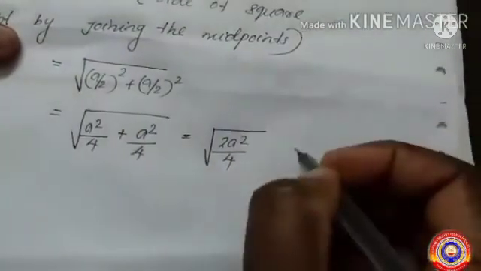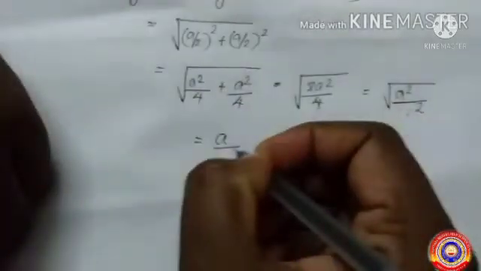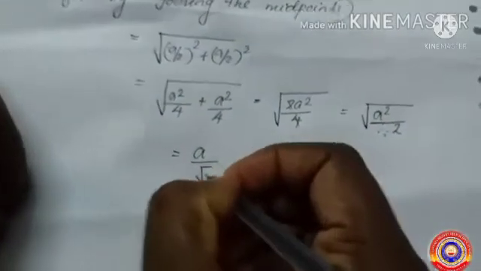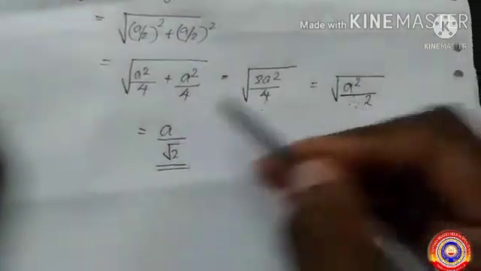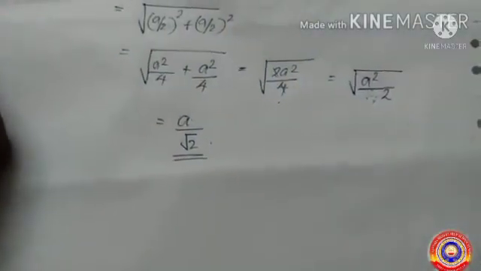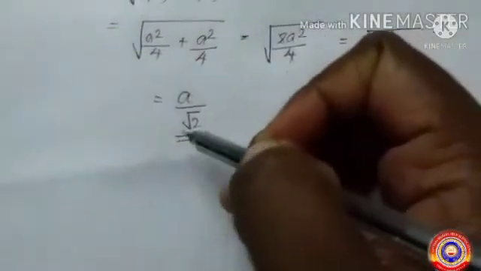So 2 and 4 cancel. Here we get A square by 2, so the side is A by root 2. The square root of A square is A, and the square root of 2 is root 2. So the length of DC equals A by root 2.